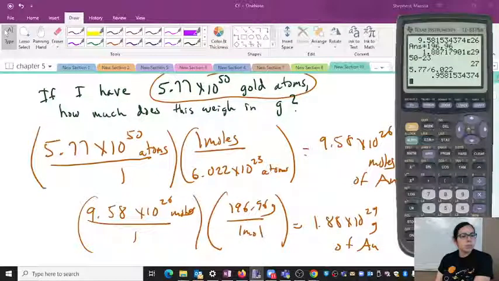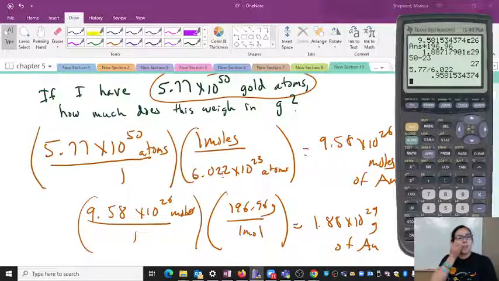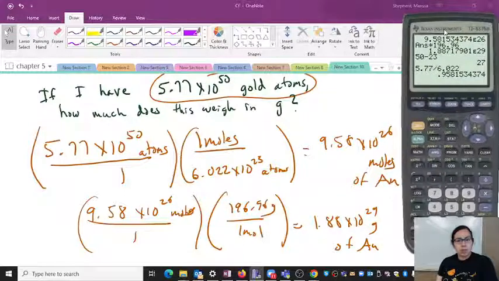If it's 0.958, are we just moving the decimal point over to get the 9.58? You're doing this with the calculator. When we divided those two numbers just now, we got 0.958, but then the answer is 9.58. So are we just moving the decimal point over?